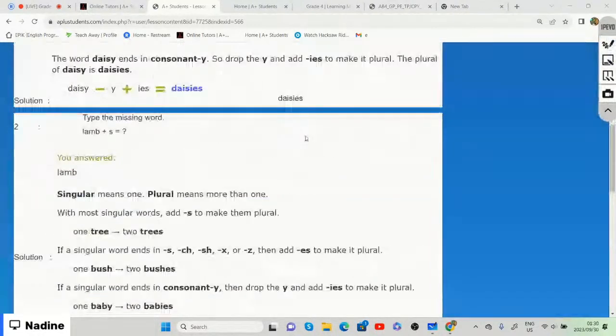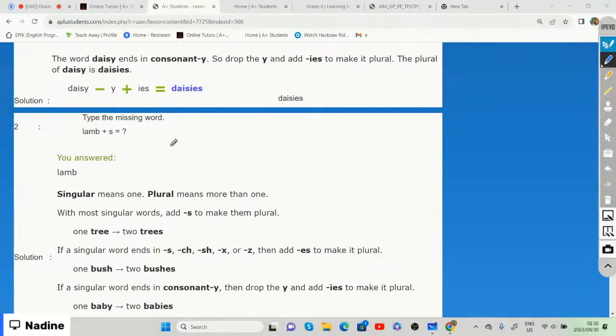Lamp plus s. So one lamp, two lamps. Lamps.